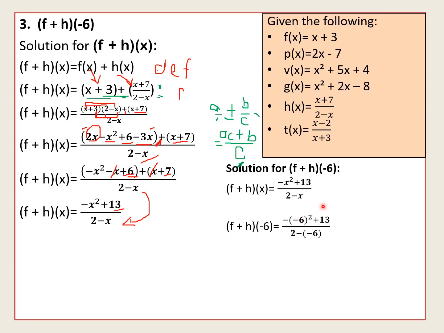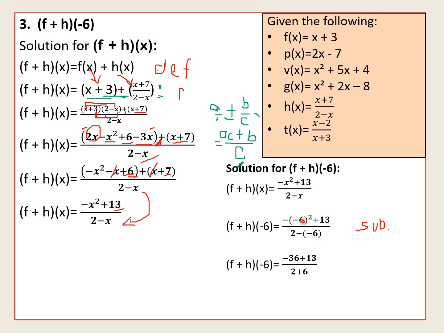Plus 13 over 2 minus another set of parentheses. We have negative 6. Okay? So, after natin ma-substitute, okay, substitution part ito. After natin ma-substitute, simplification na po tayo. Simplify. Okay. So, f plus h of negative 6 equals.